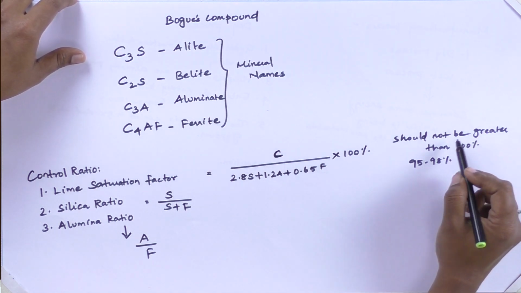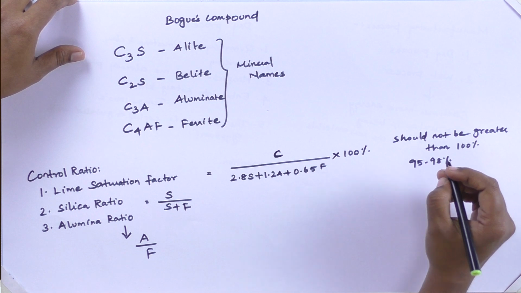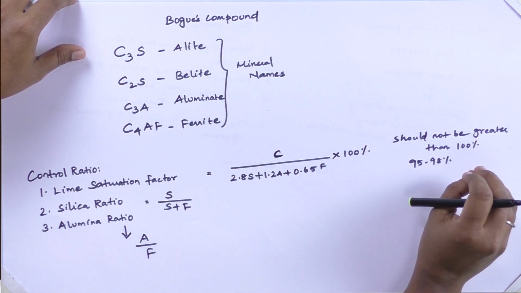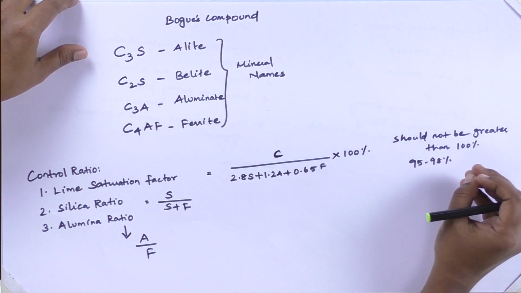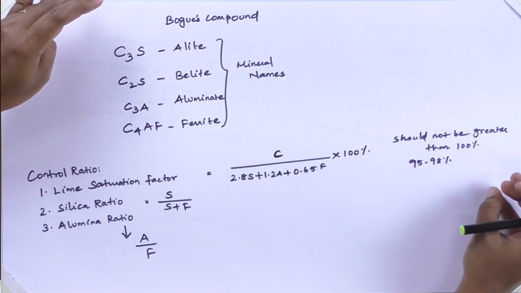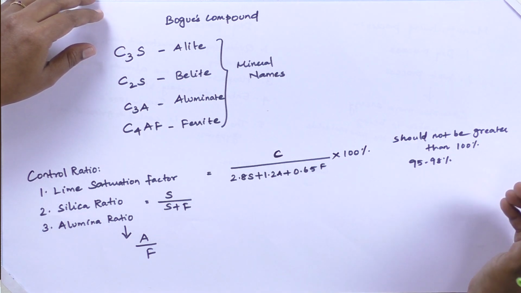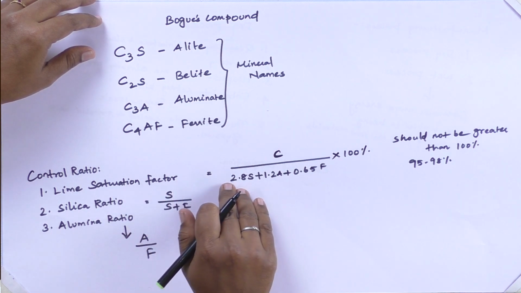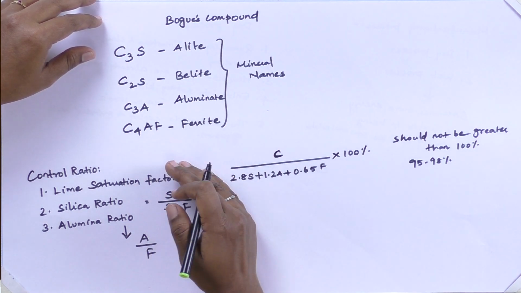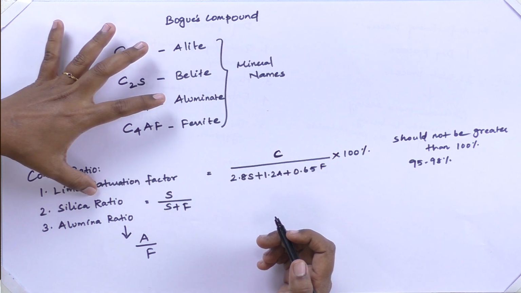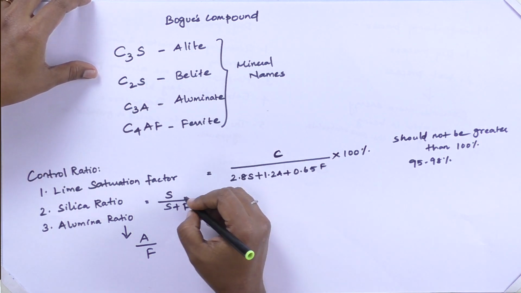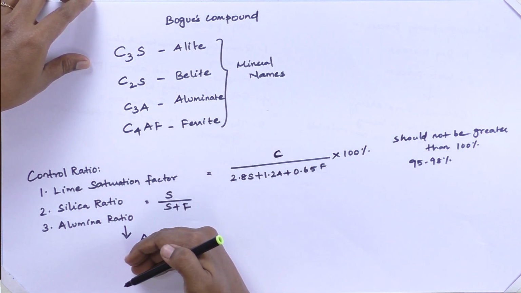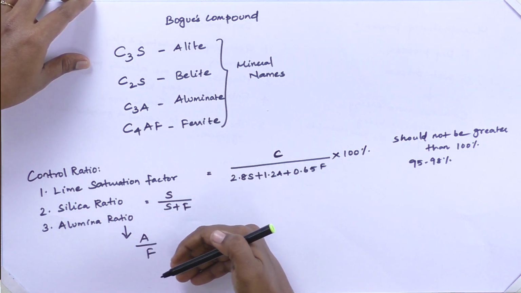The reason it should not be greater than this is that it leads to free lime, and if any free lime is there, it causes trouble during the hydration process, and that's the reason they use the lime saturation factor as a control ratio. Next, silica ratio, that is the ratio of silica to the summation of alumina and iron.